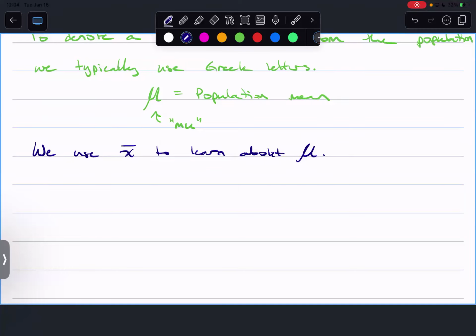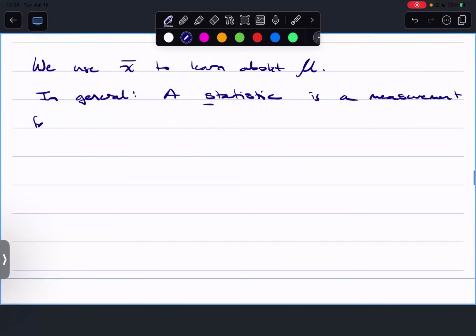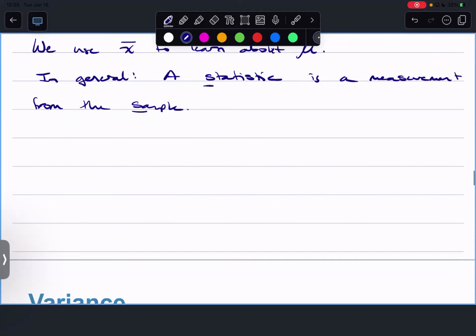Notice the S and the S. And so in general, a statistic is a measurement from the sample, while a parameter is a measurement from the population.